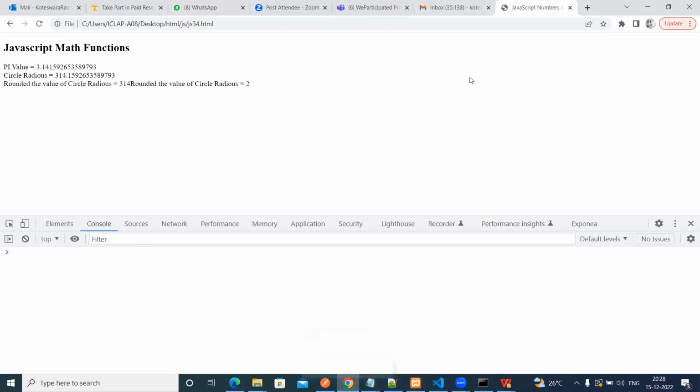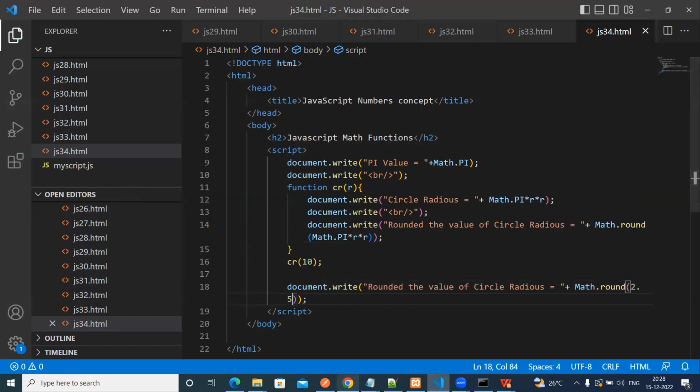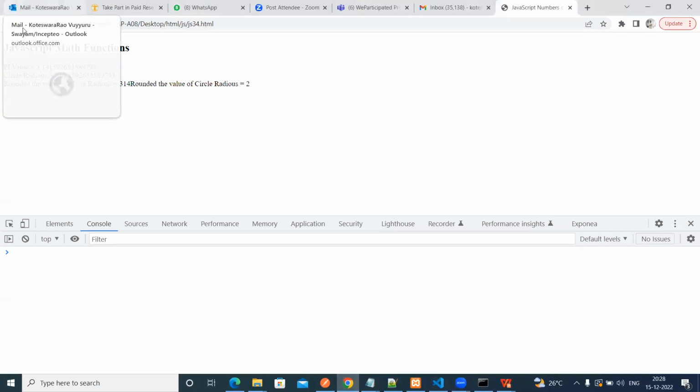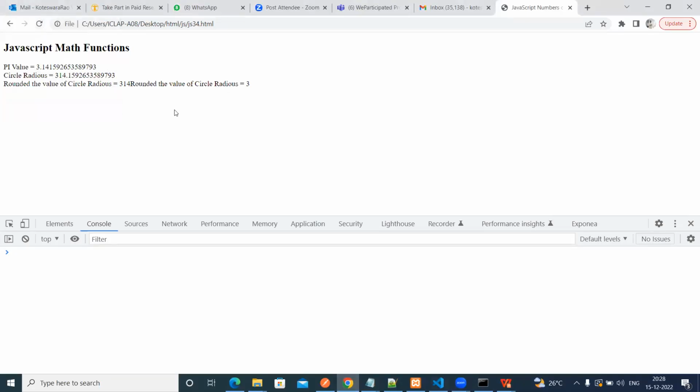If you give 2.5, then we will get 3. If it is 2.9, then we will get 3. Okay, clear?